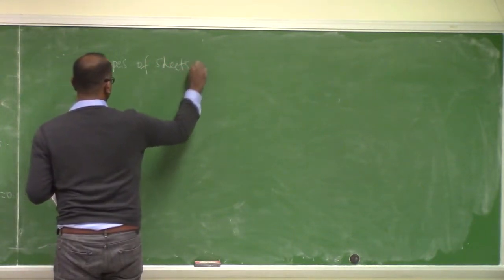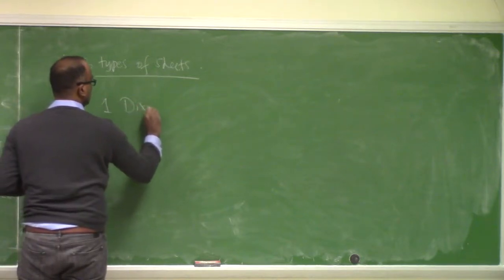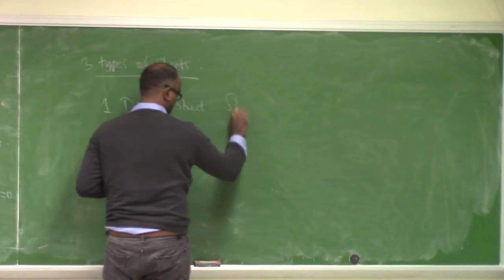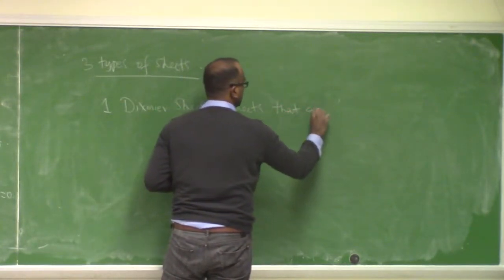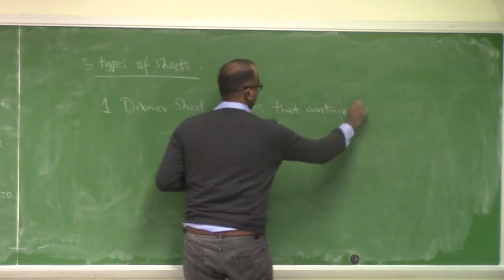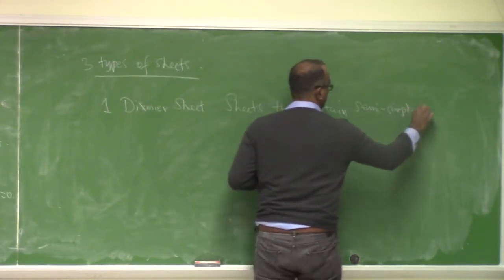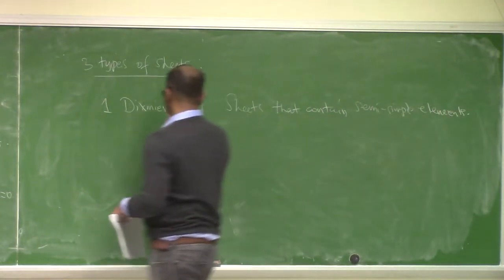There are three types of sheets. The first type is what's called a decomposition class sheet. These are sheets that contain semi-simple elements.